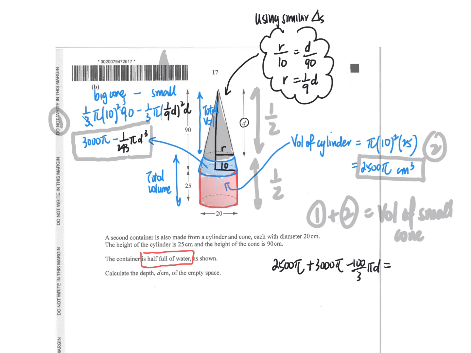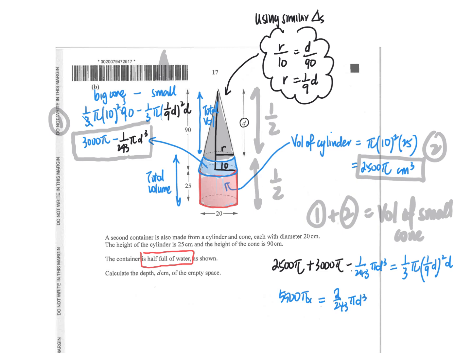Okay, so let's try to put it in. Now this one has a bit of a difference. 1 over 243 pi D cubed. Okay, volume of the small cone is just 1/3 pi r squared h, so same thing. But you end up adding them up. So this is 5,500 pi plus this, so 2 of them.